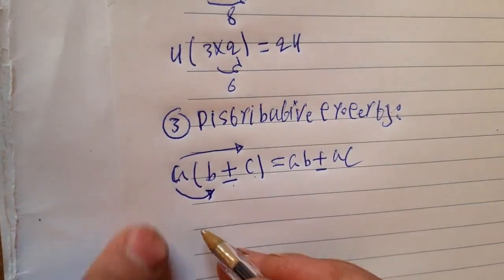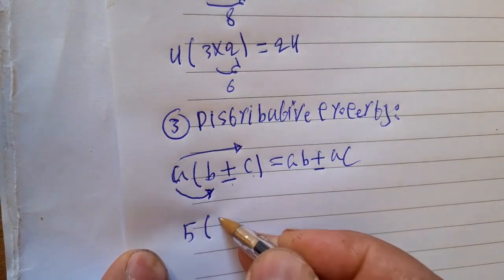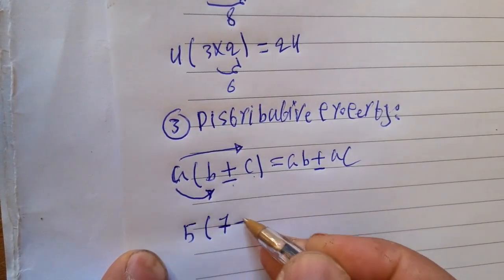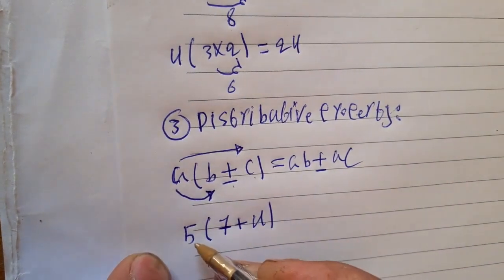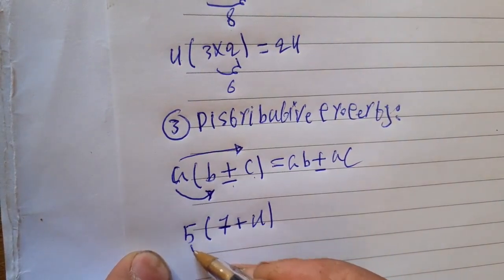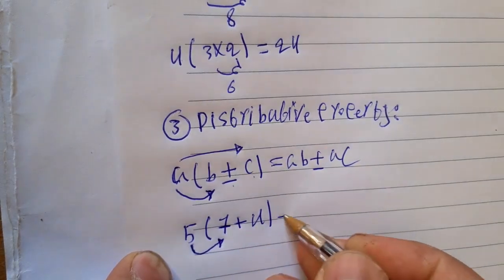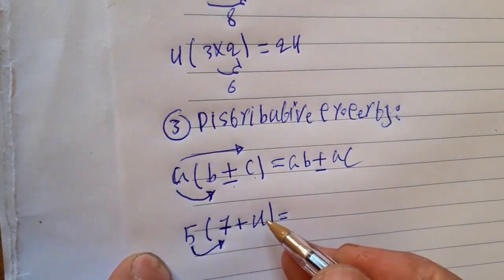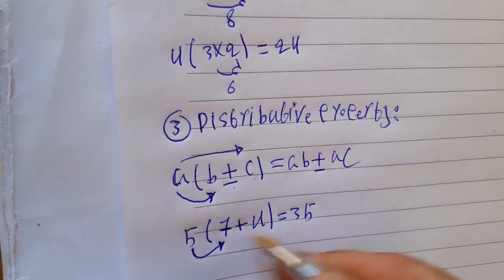In example, 5 times (7 plus 4). Distributive property. First 5 times 7 is 35.